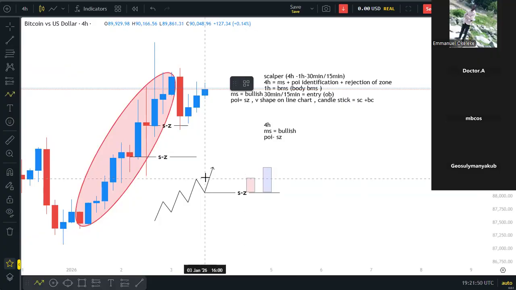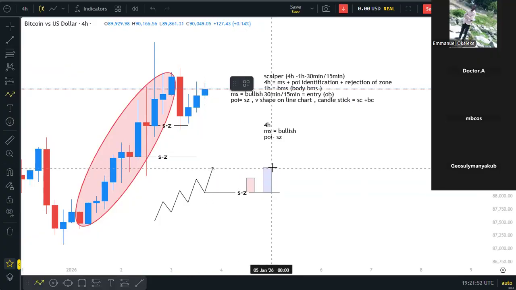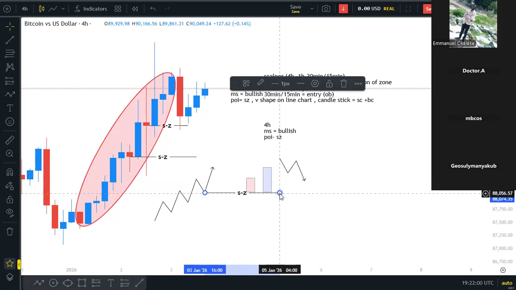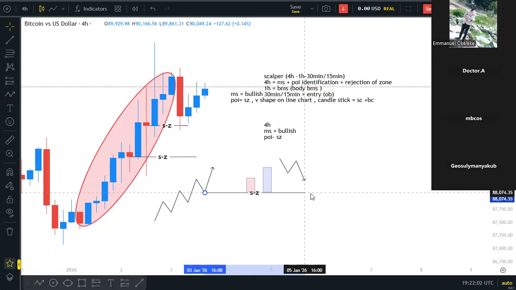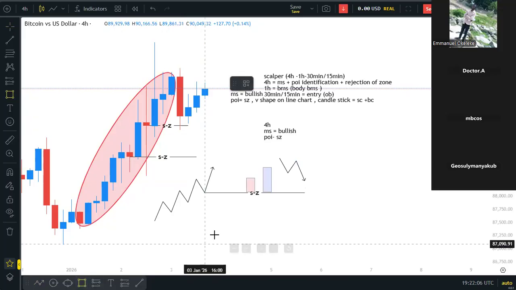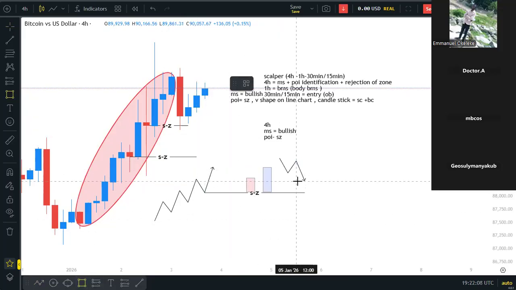So let's say this is our support zone. I want price to come back to this zone and then close above it. So let's just extend this zone over here. When we talk about rejection, it's all about price closing above your support zone.